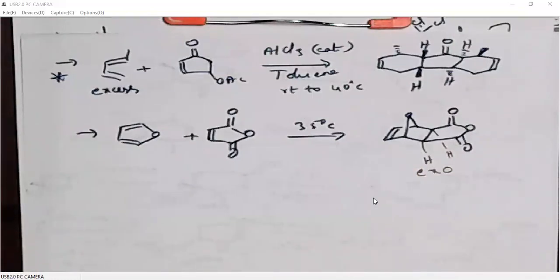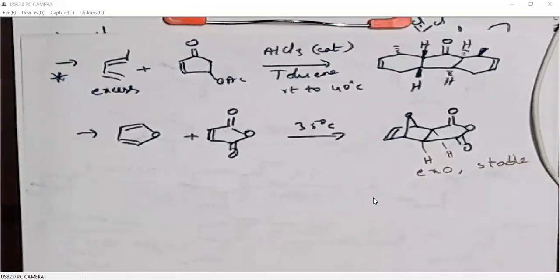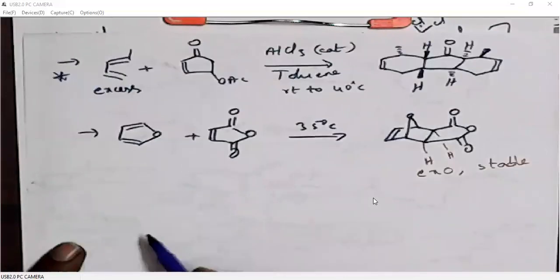If the endo product is not stable at room temperature, it will be converted to the more stable exo product. That we can appreciate when we look at this example.